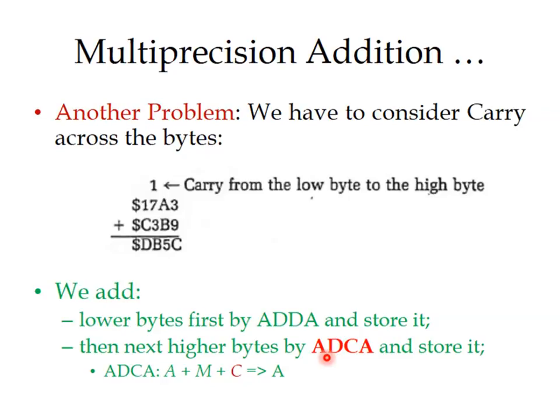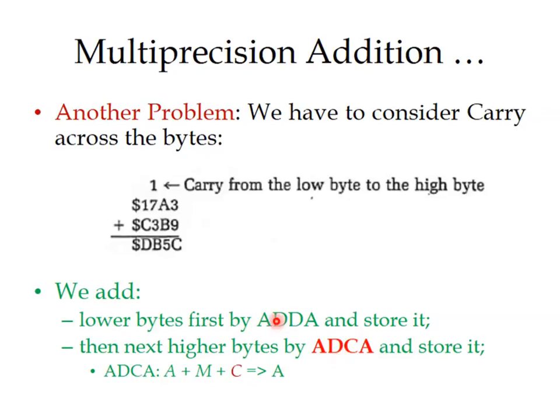So you always use ADCA instead of ADDA for the second byte and the higher bytes. If you have a third byte or a fourth byte, your number can be longer than 2 bytes, so you keep adding those higher bytes using ADCA instead of ADDA, because you always want to take care of the carry from the previous addition.